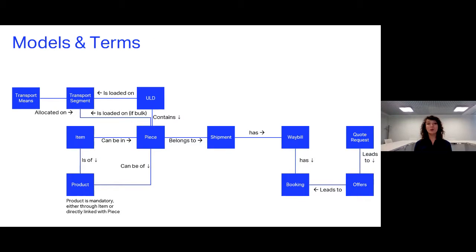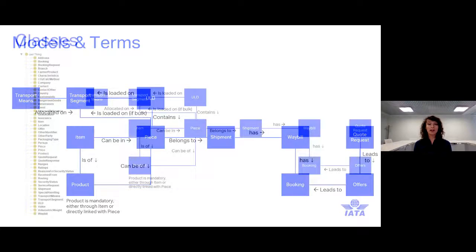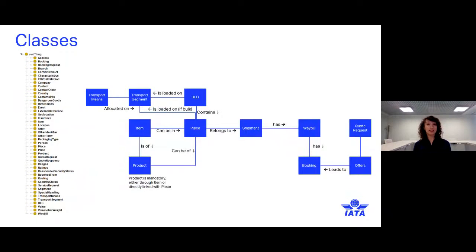So when we designed this diagram, it was already clear which terms we were going to use in our ontology. From those we created the classes. In our one record ontology, each one of those blue boxes is a class. We created those in Protégé and also defined the hierarchy between them.